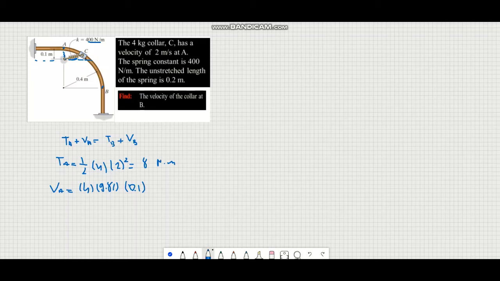So we are going to neglect the spring potential over here for now, because it's going to stretch here, from here 0.3, and then we have the length of 0.5 over here, so we will have the potential energy of the spring at point B. So TB is going to be 1 over 2 times 4 times VB squared, which we want to know.